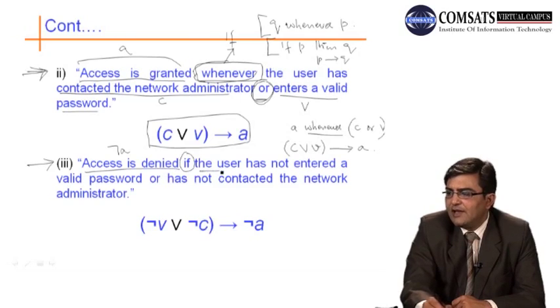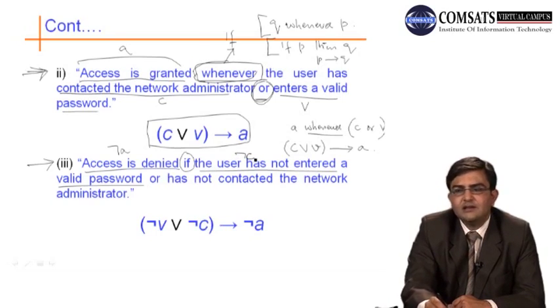Another statement: the user has not entered a valid password. So here we have another negation of a statement, which is the negation of C. And next we have a logical connective, or. The user has not contacted the network administrator.